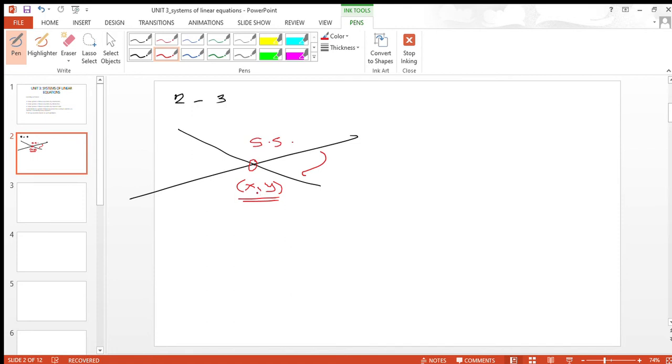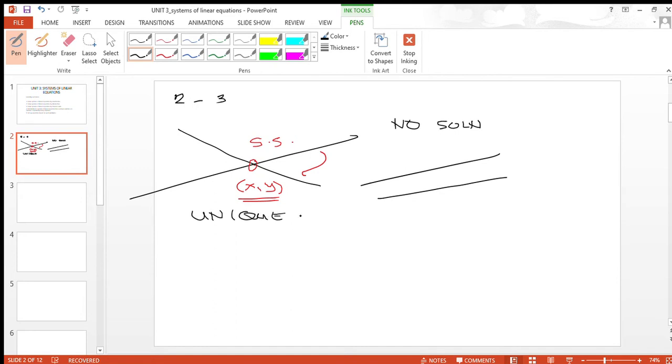So it may also happen that our system will have lines that are parallel with each other. If lines are parallel with each other, then the system has no solution. While for this one, our system will have a unique solution. And finally, our system may have lines that are coinciding with each other.